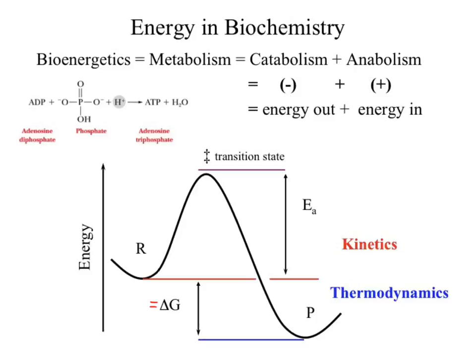This is one of the things that always irks me, that you will very often see, instead of delta G, it written as delta H. Why might we write it as delta H?